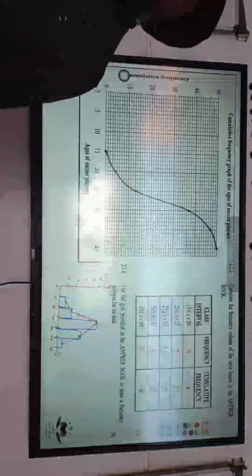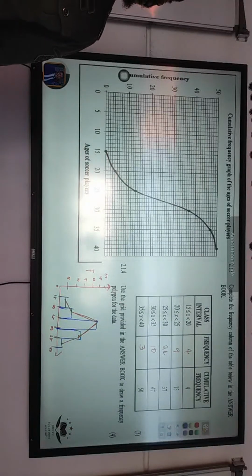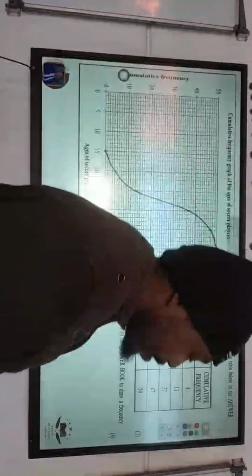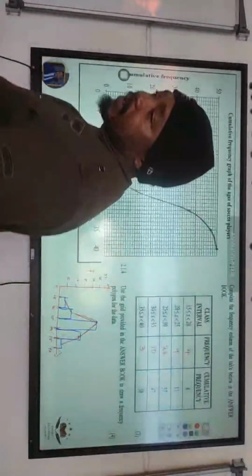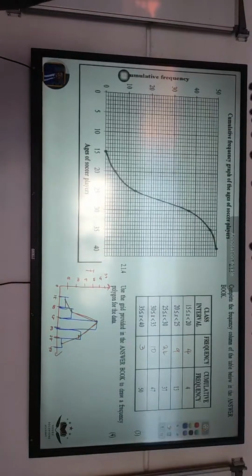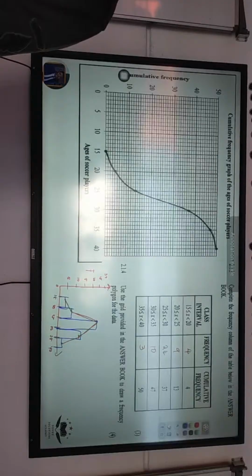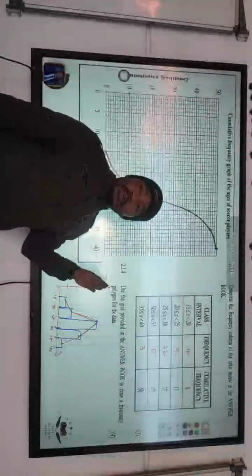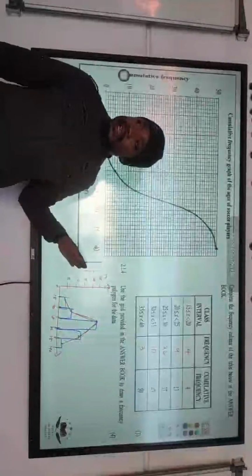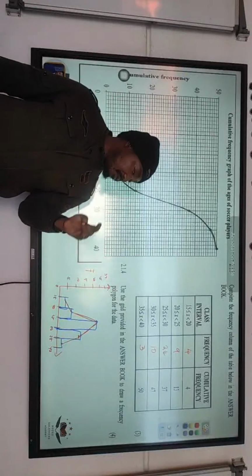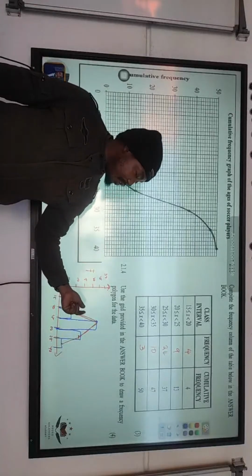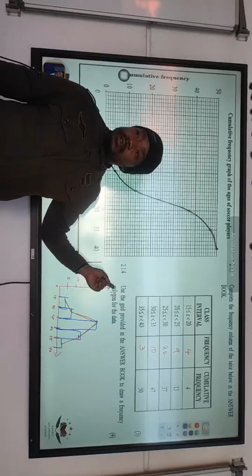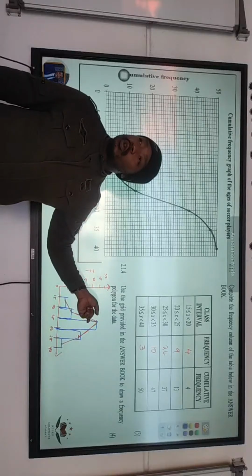So also bear in mind as far as the cumulative frequency graph is concerned. Okay, we always put the frequency aside when we are drawing two graphs: the frequency polygon and the histogram.